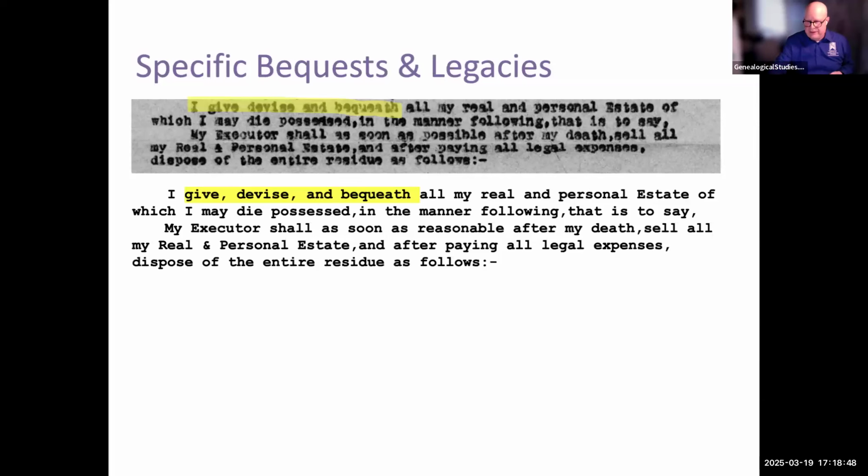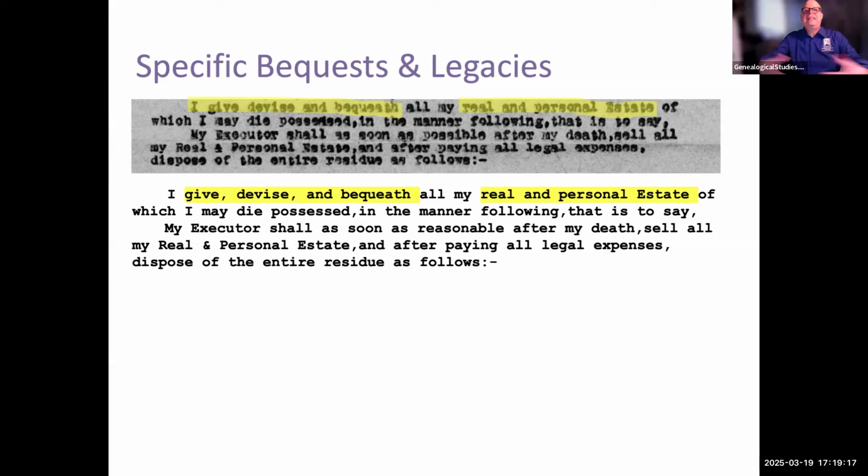I give, devise, and bequeath, and then we talk about her property, real and personal estate. Very important to understand: anywhere in the common law world, there are two kinds of property. There's land and there's everything else. Land is known as real property. Real doesn't mean like in reality. Real is derived from the old word for royal, because land is something that was conveyed by the sovereign.